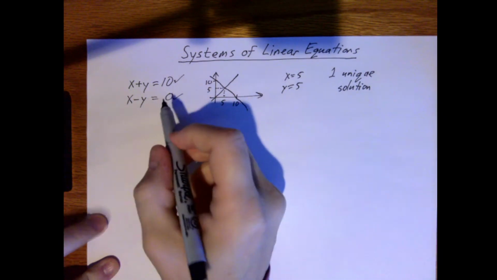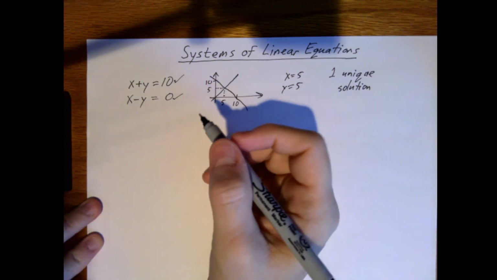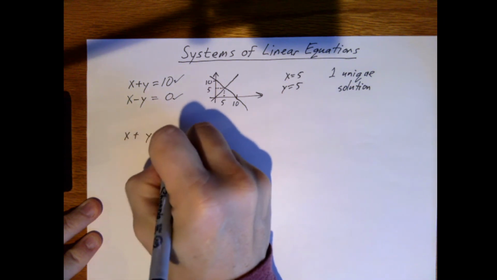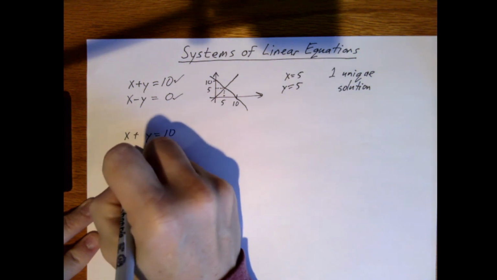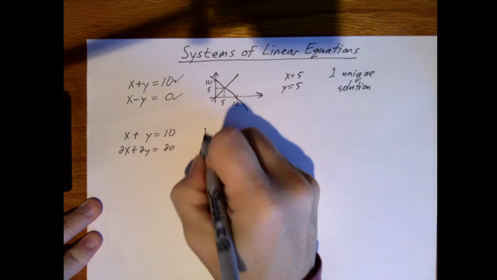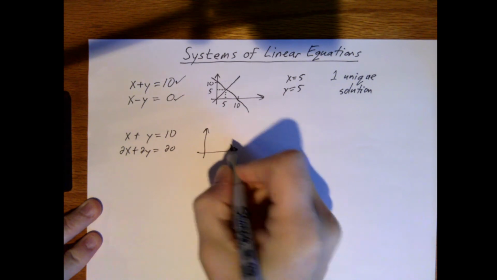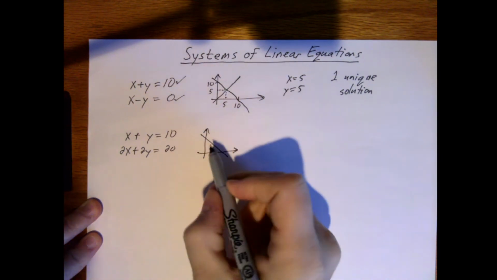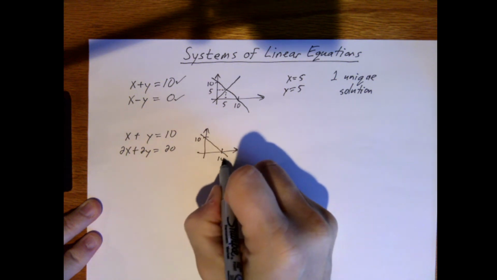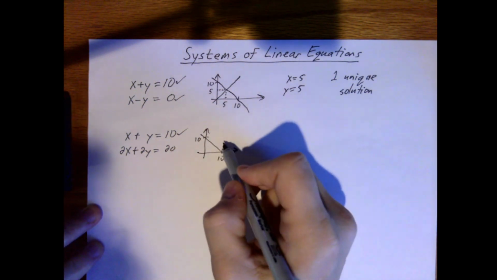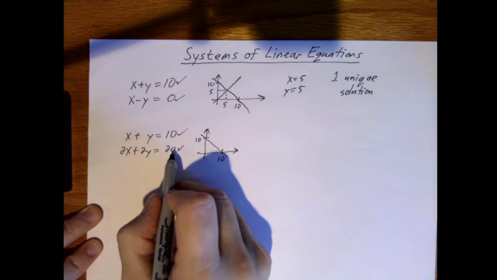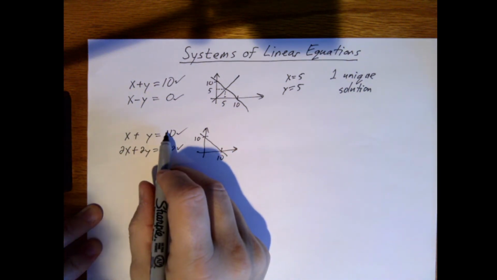But this isn't the only possibility for a system of equations. What if we had this? x plus y is equal to 10, and 2x plus 2y is equal to 20. If I plot this again, this line right here satisfies this equation, but it turns out it also satisfies this equation, right? Because this bottom equation is really just 2 times the top equation.